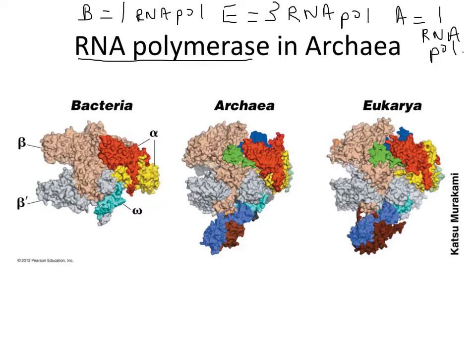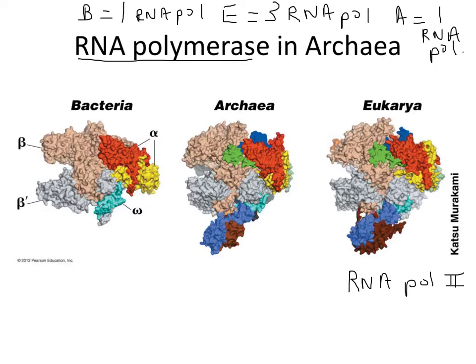In this image, though, you'll see a drawing, a 3-dimensional depiction of the major RNA polymerase in bacteria and Archaea. They, of course, only have 1, and in eukarya, the one that is shown is RNA polymerase 2.